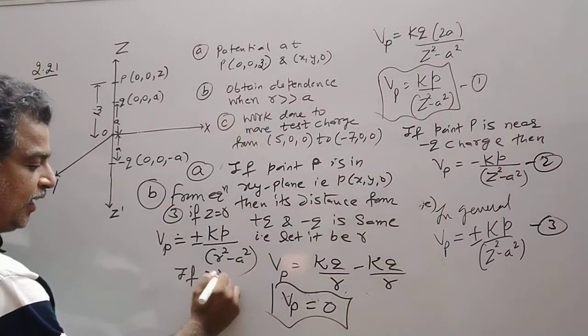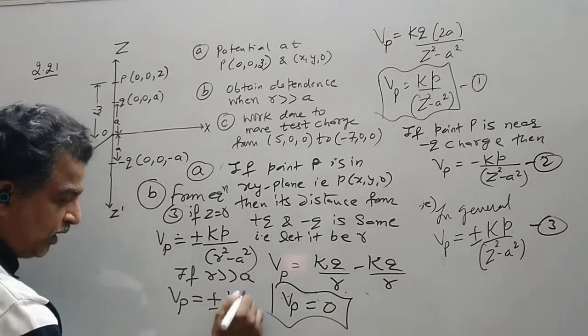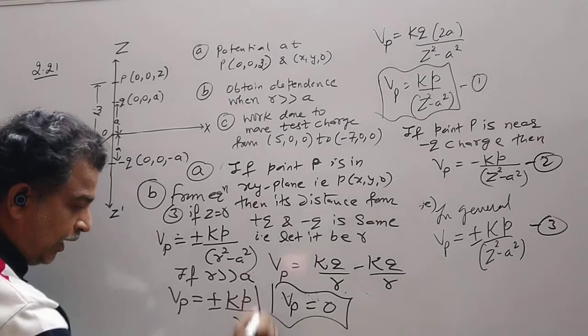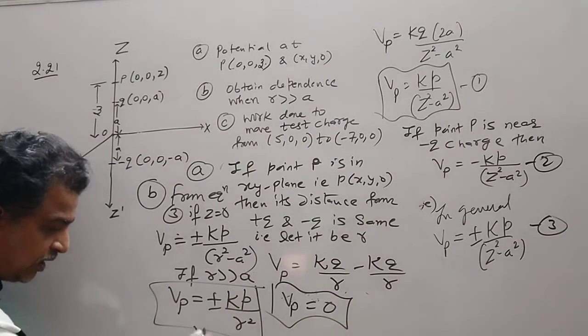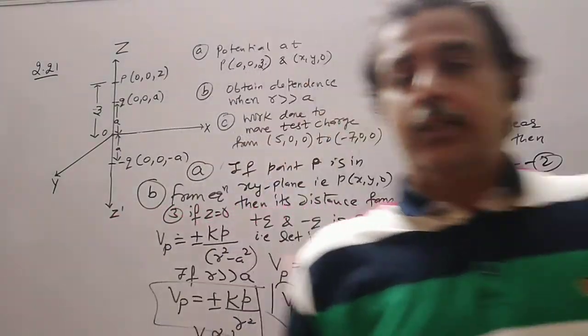Now if r is greater than a, then Vp is equal to plus minus kp upon r square, which indicates Vp is inversely proportional to the square of the distance.